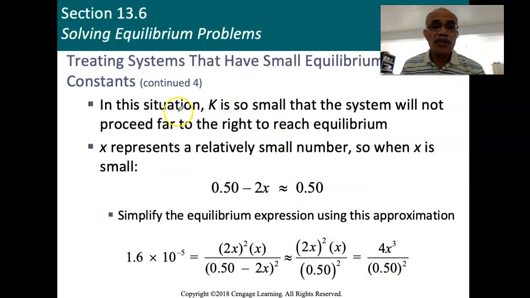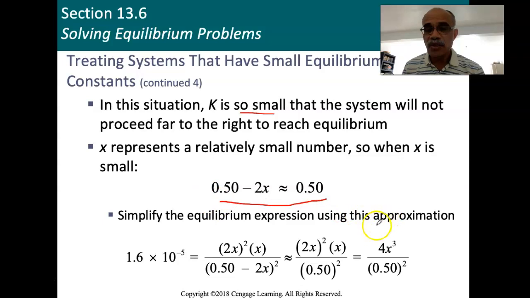Now, this is a very important step. In this situation, K is so small that the system will not proceed far to the right to reach equilibrium. So x represents a relatively small number. When x is small, we can make this approximation.